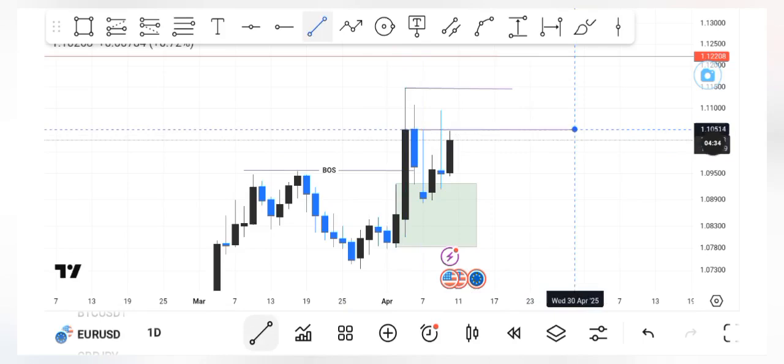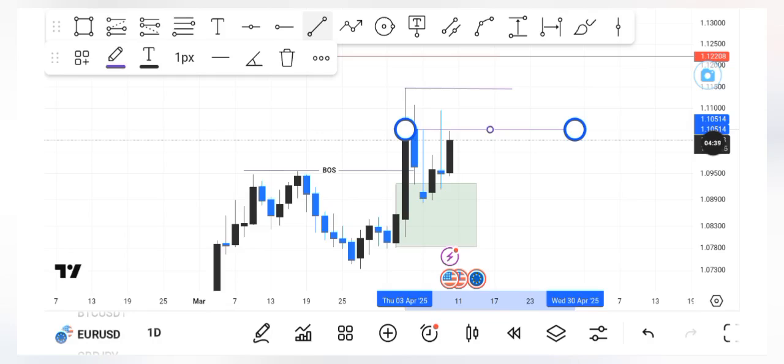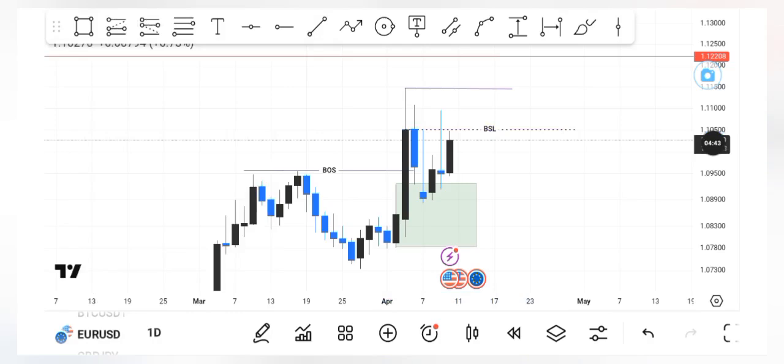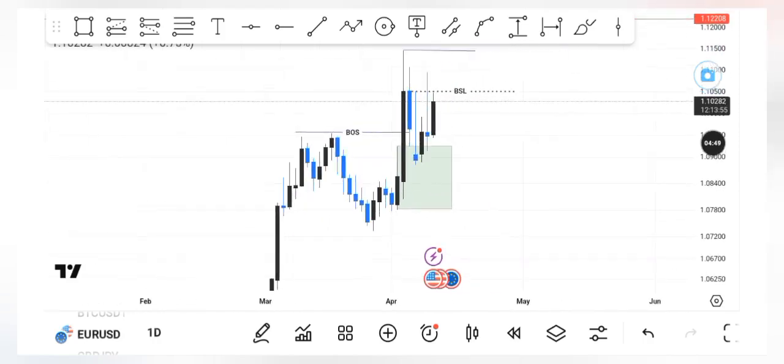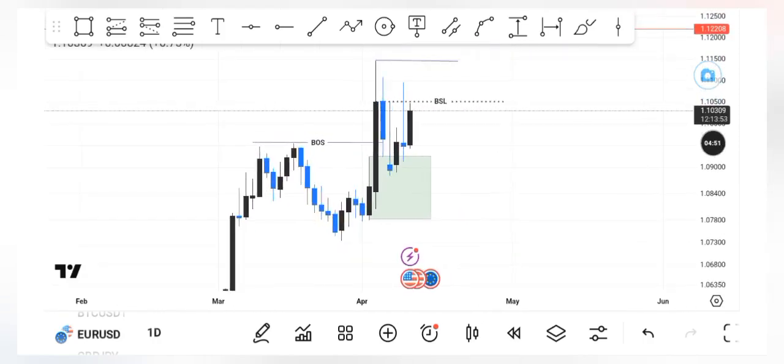But currently, the market is reacting at what other traders may call a resistance level, or the buy side liquidity. Even on the candle, you can see the rejection from the last candle yesterday, which means sellers were in more than the buyers.